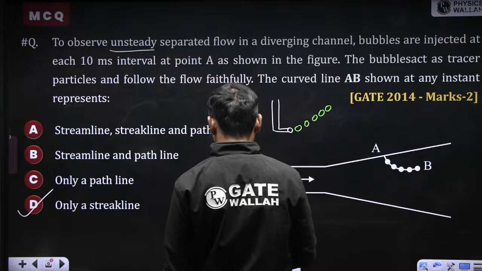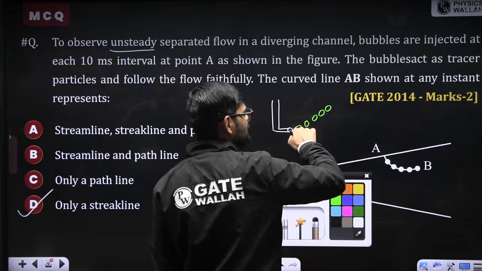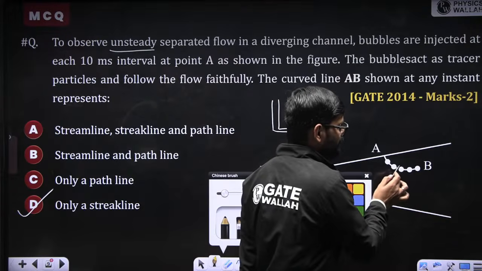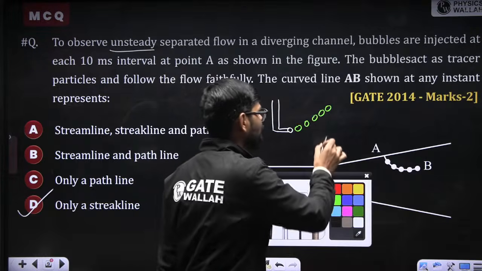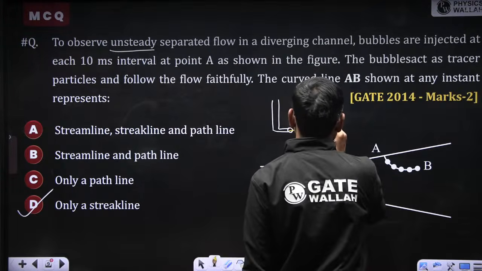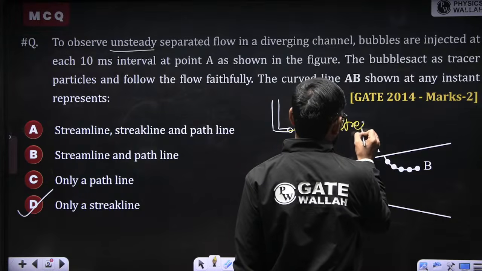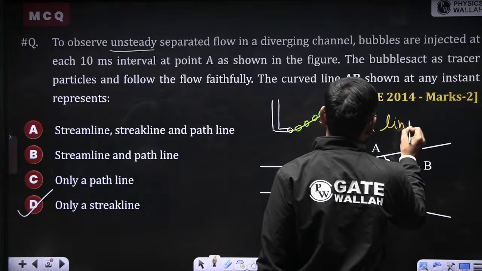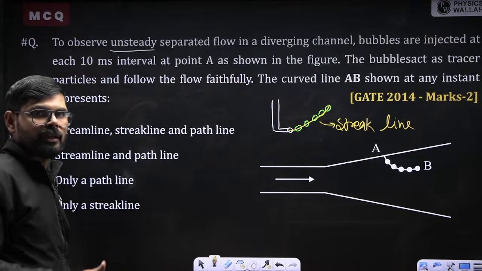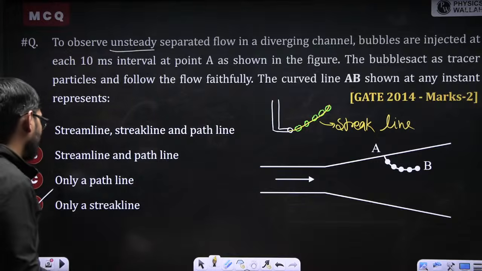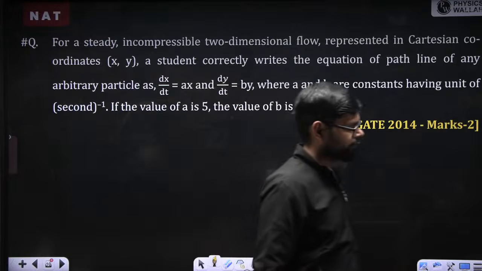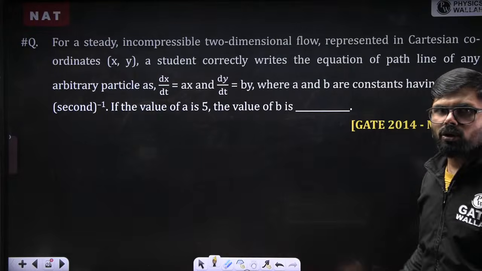This is not the same bubble moving; these are all different bubbles. At a particular time we are matching the current location of each. So this is basically called a streak line. Streak line is the correct answer. Does everyone agree? If anyone has any confusion, you can ask. This is really a good problem.